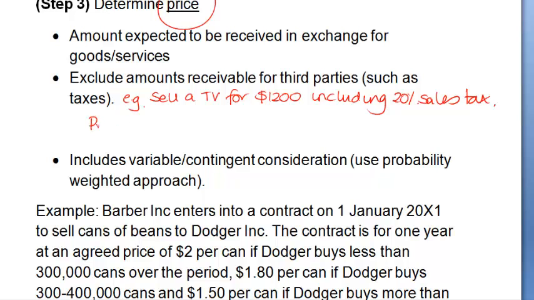The price is 1,200 times 100 over 120. So the price, as far as we're concerned, is $1,000.